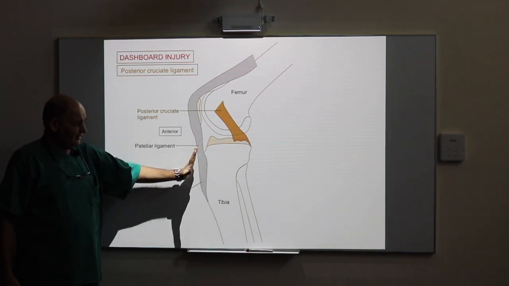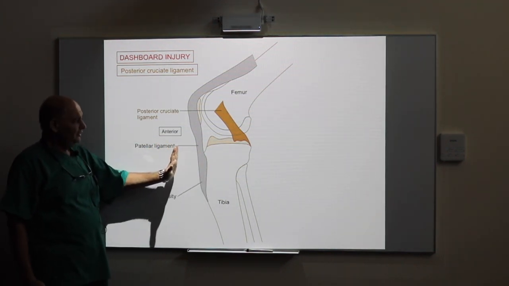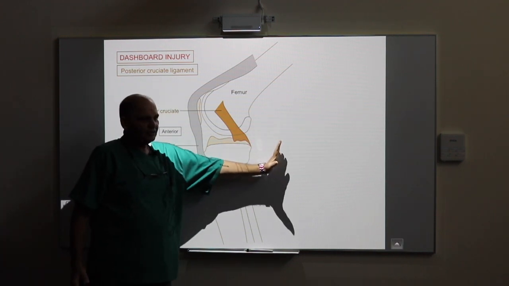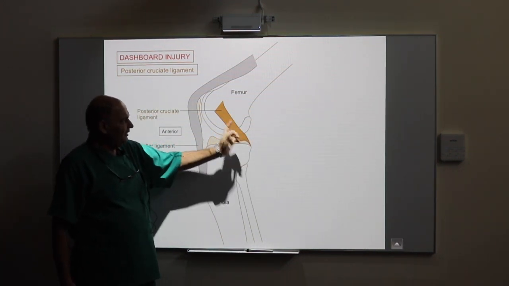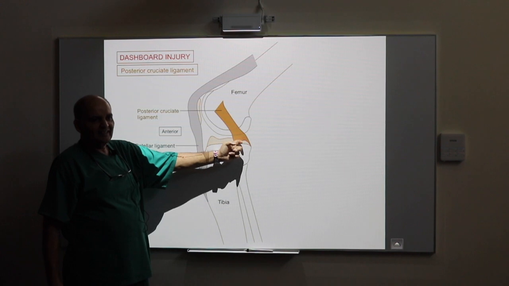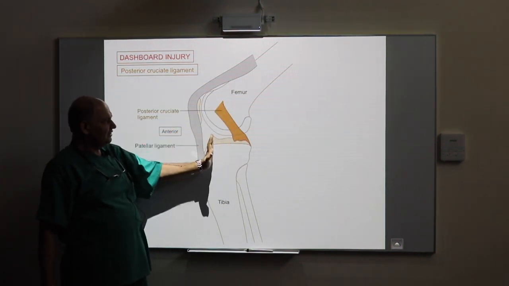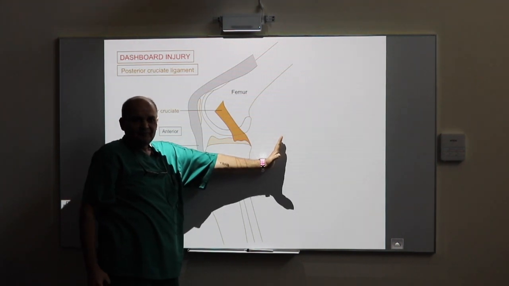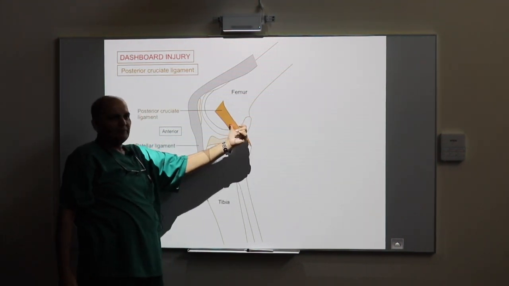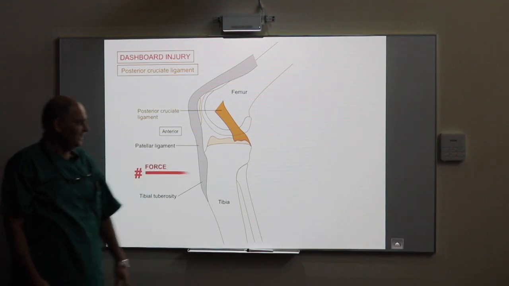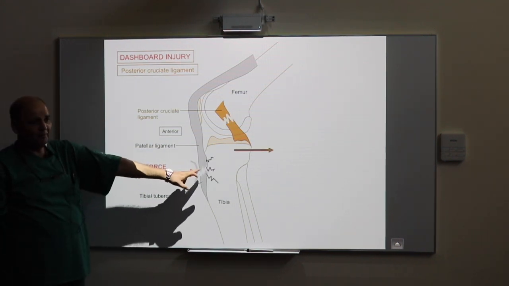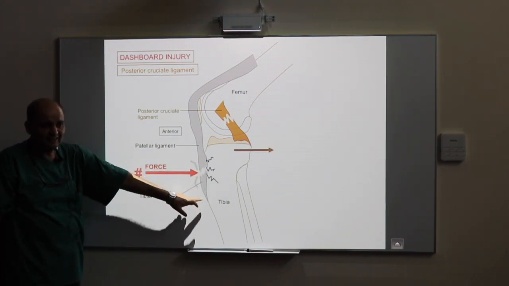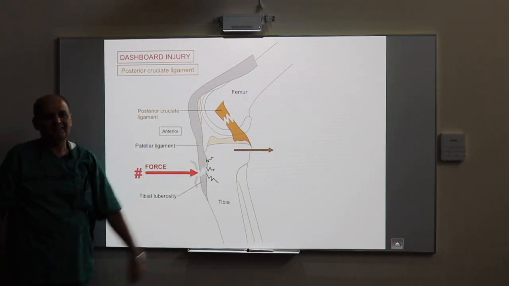There was an impact here, and due to this impact the tibia moved backwards. This was super stretched. How much stretch is possible? If it reaches here, there is going to be damage. So in a dashboard injury to the upper end of the tibia, you damage this tendon here and you damage this PCL here.